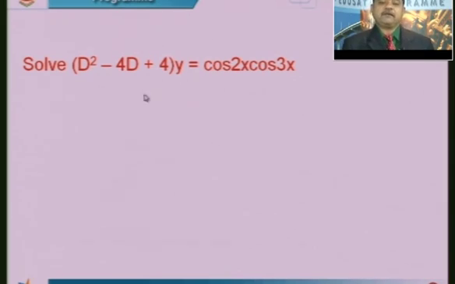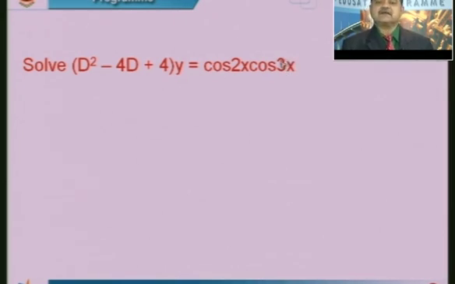If you have pen and paper, you can work along with me. See here, that is why I have written only the differential equation D squared minus 4D plus 4 into y is equal to cos 2x cos 3x. While converting the right hand side using the transformation results, remember, very important, the biggest coefficient should come first, or the biggest argument.